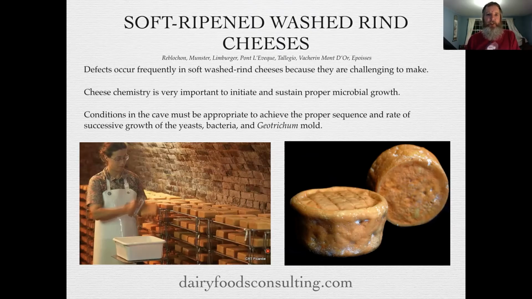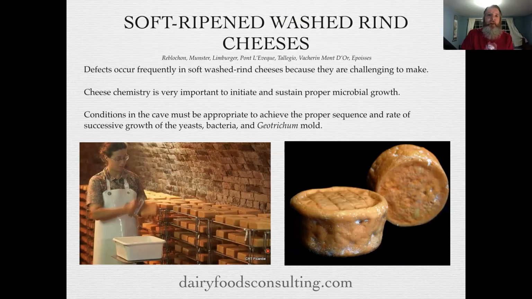I've done that in my career, and we have some in Vermont and all that. So it's a style that's made all around the world, and people really like these cheeses because they're a little bit funky, like they have a stronger flavor, and definitely a more powerful aroma than other cheese categories.